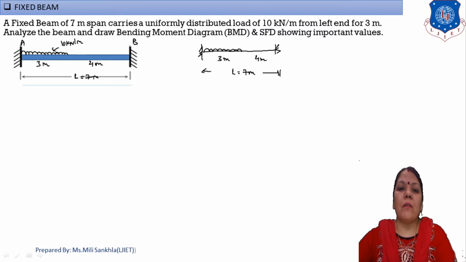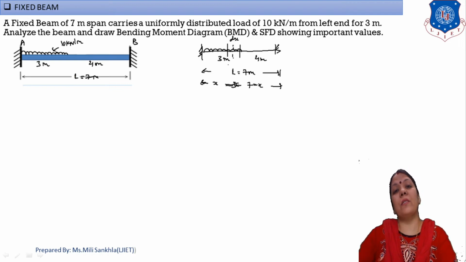Now I take one section, and suppose the width of this section is dx. Again I take one section at an intermediate point. Suppose this distance I take as x, and the remaining distance is 7 minus x. Simply I convert this distance in the form of x.